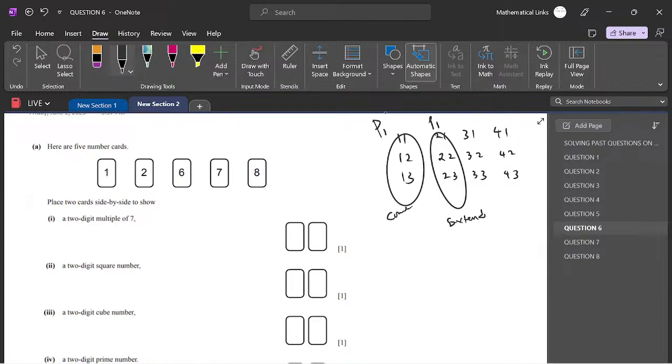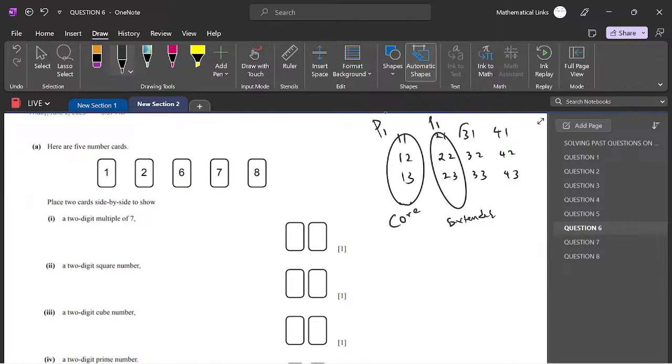Okay, core students here, let me write this properly. Core students are students that are weak, that are struggling with mathematics or with any of their subjects, while extended students are students that are above average. So core students are below average. So Cambridge tries to differentiate their assessment.